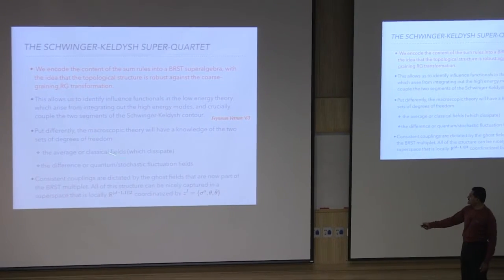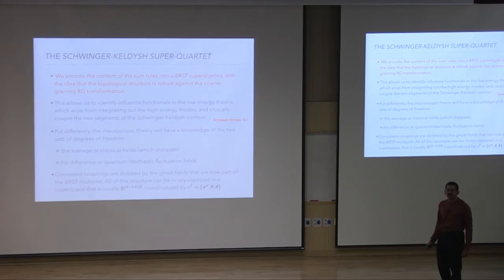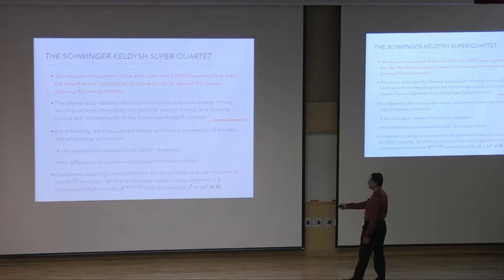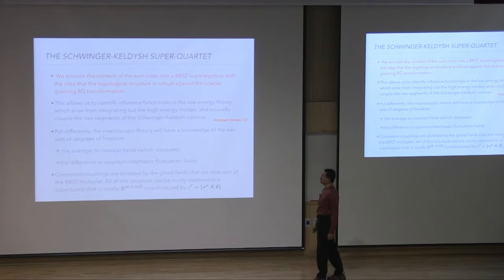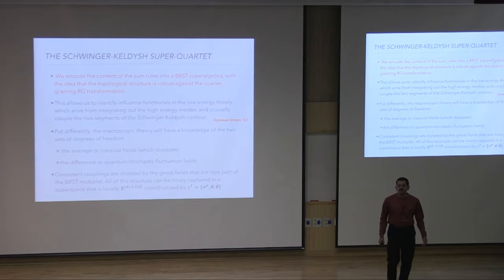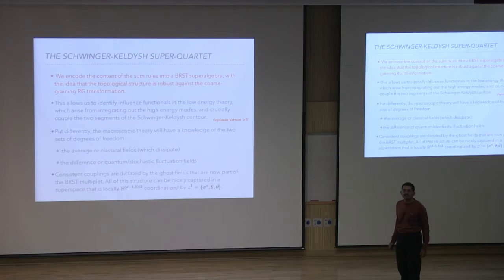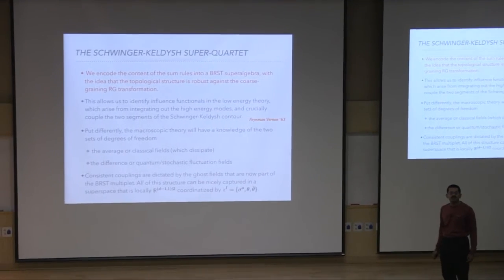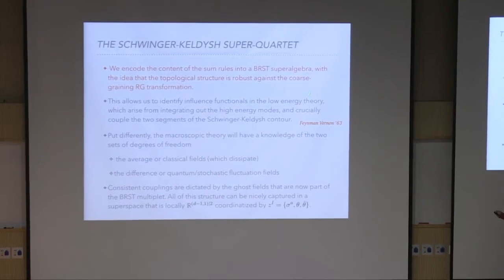You will see that there will be a set of classical fields which will capture response and therefore dissipation, and there will be a set of quantum stochastic or fluctuation fields which will be responsible for capturing the KMS condition. The key question in this way of thinking about it is how are these linked to each other? How are the interactions between the classical fields and the quantum stochastic fields linked, and those will be governed by this BRST structure.